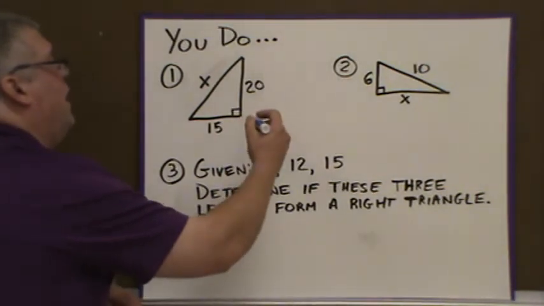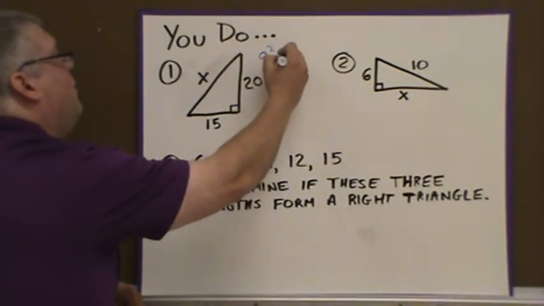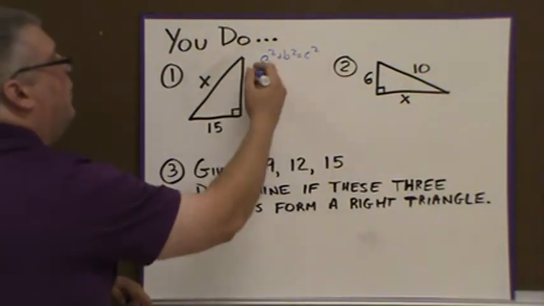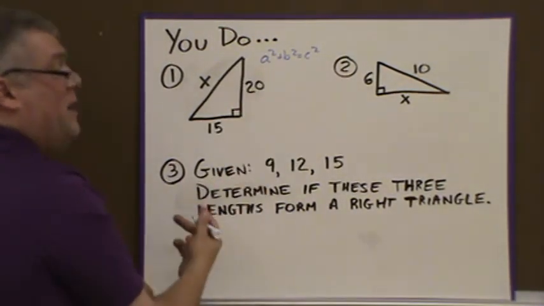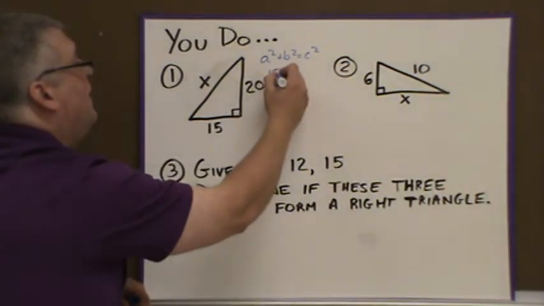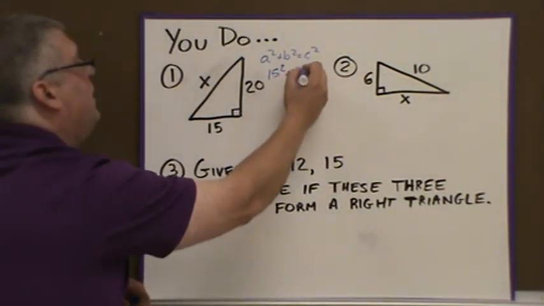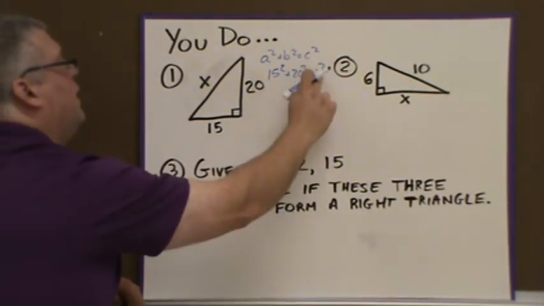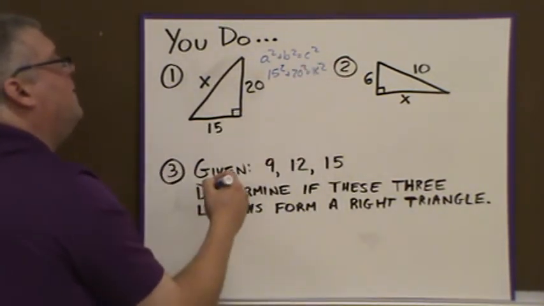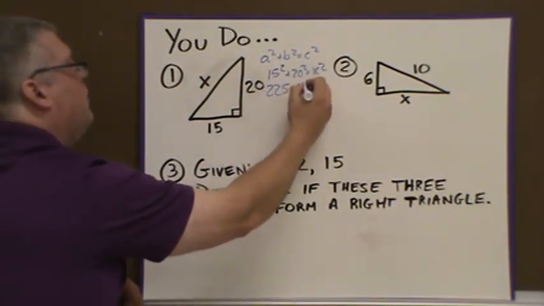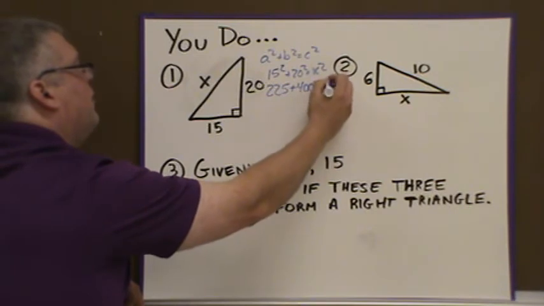Let's do this one. Remember we have to have a squared plus b squared equals c squared. So a and b are going to be the 15 and the 20. How do I know? They're the ones attached to the 90-degree angle. So I'm going to have 15 squared plus 20 squared equals c squared, or x squared I should say, which is going to give me 225 plus 400 equals x squared.